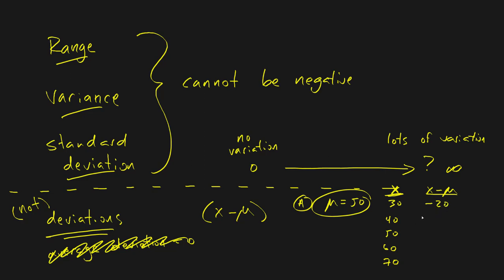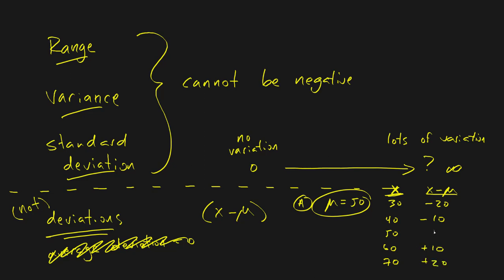It just means that we're below the average. An individual score can be below the average because deviations do not measure variation in the entire group. They only measure how far a single value is from the mean, and negatives are used to show that you're below the mean. You could have positives, meaning that you're above the mean.